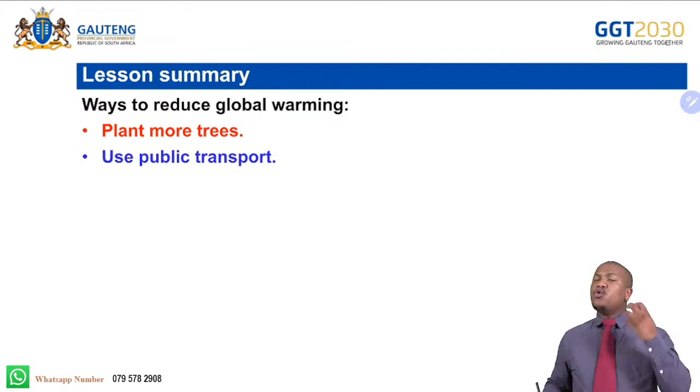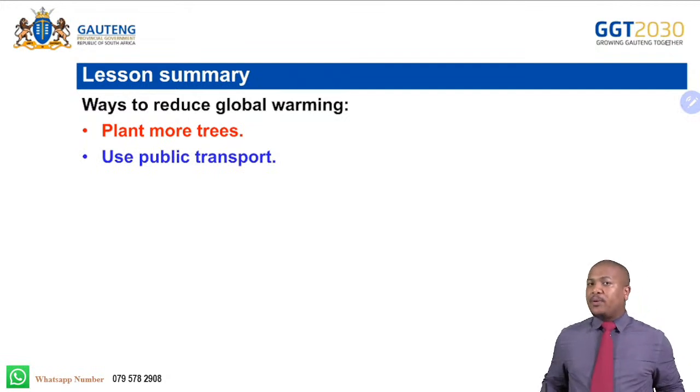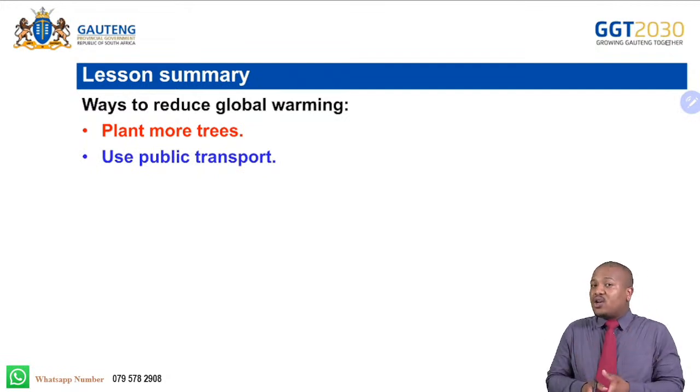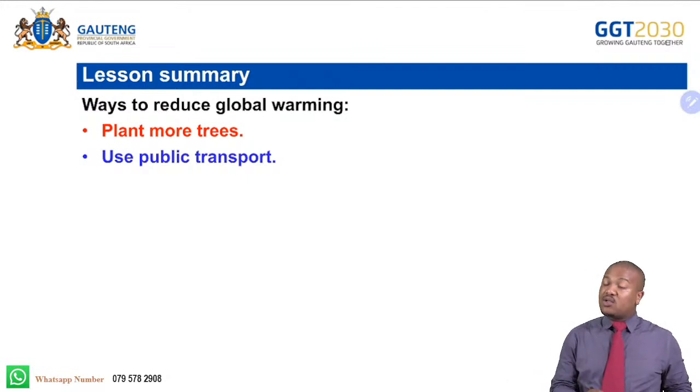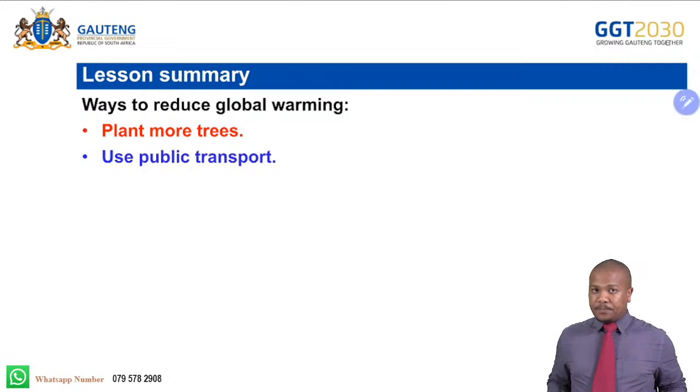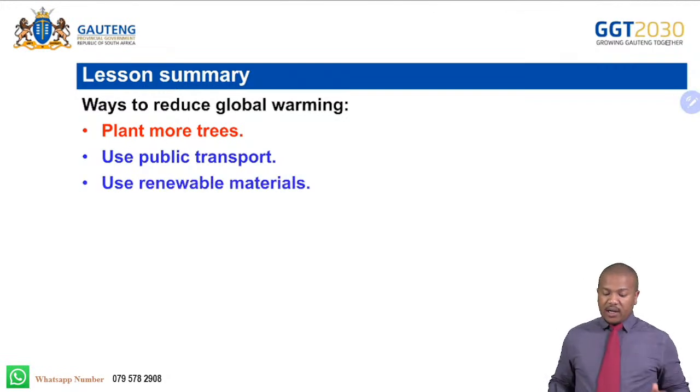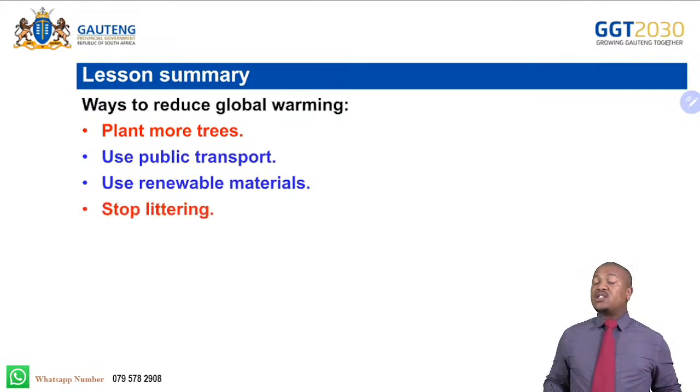We said that use public transport as well, because the fewer the cars on the road, the less greenhouse gas emission in the atmosphere. And as well, we said that use renewable materials or recyclable materials. And we said that stop littering, so as to avoid the increase in global warming.